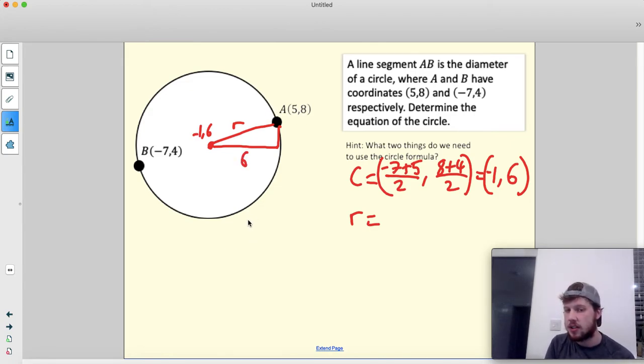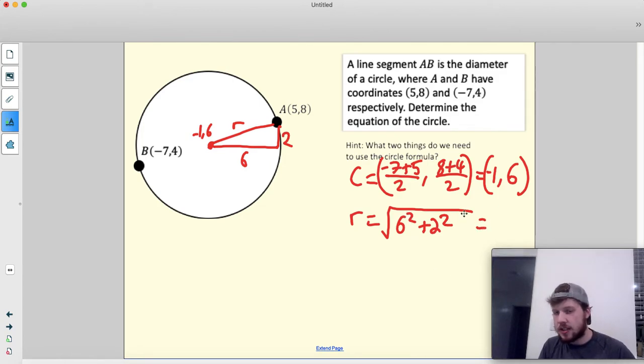And in the y direction, I've gone from +6 to +8, so I've gone 2 units. So using Pythagoras, my radius is going to be 6 squared add 2 squared, square rooted. 36 add 4 is 40, so my radius is the square root of 40.